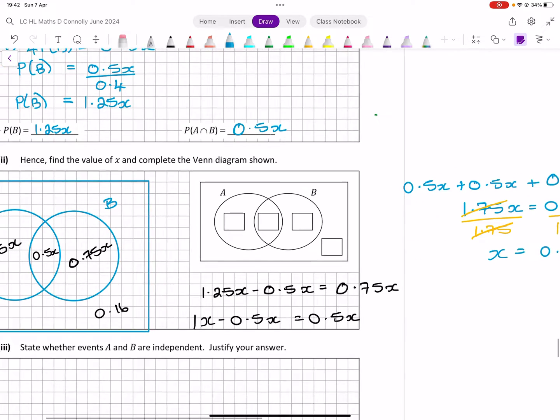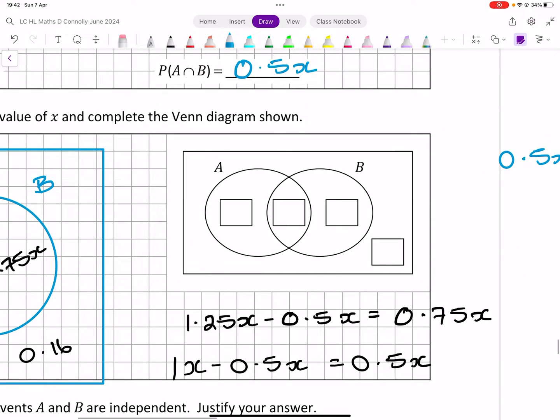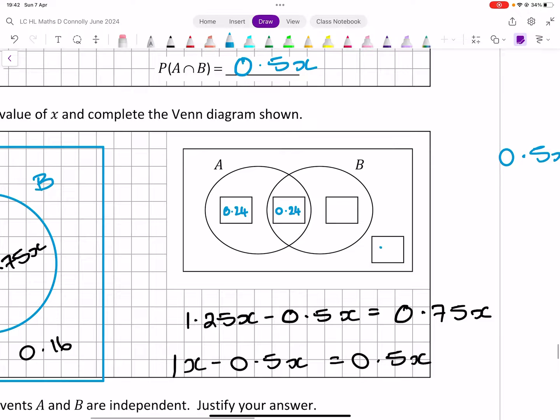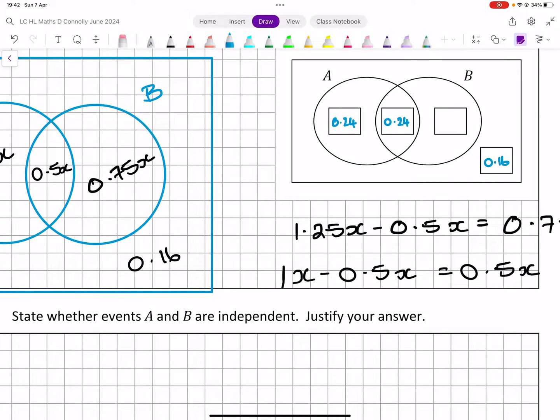And then complete the Venn diagram. So it's 0.48 times 0.5, which is 0.24. So this is also 0.24. This was 0.16. And this is 0.75 multiplied by 0.48.